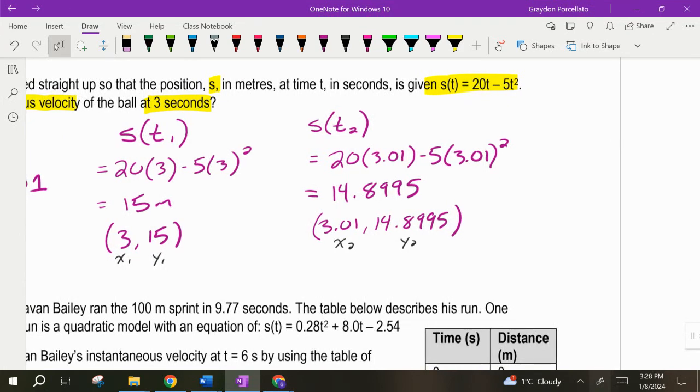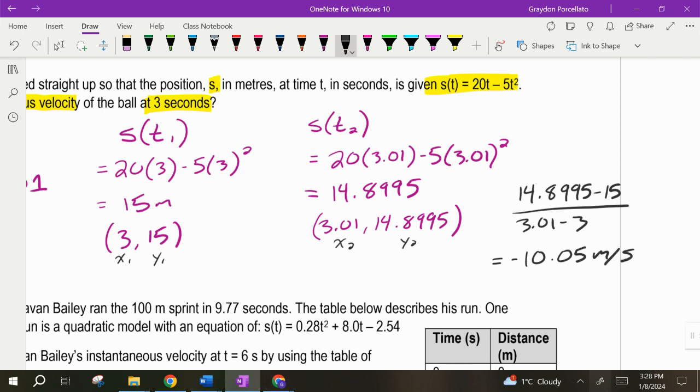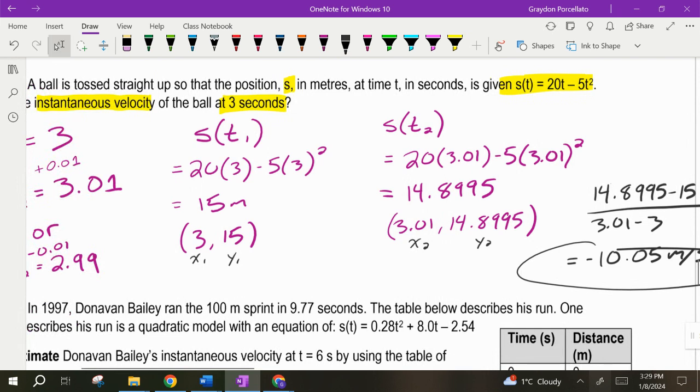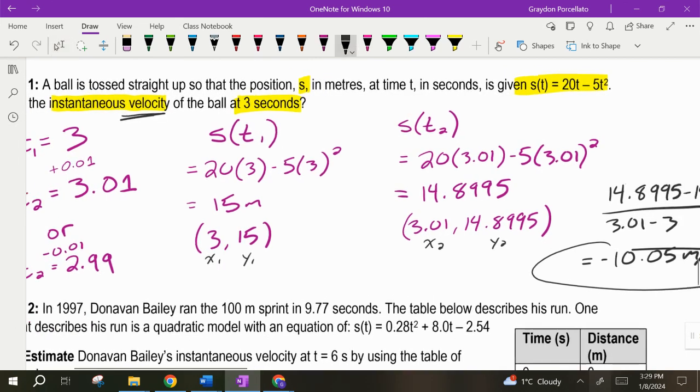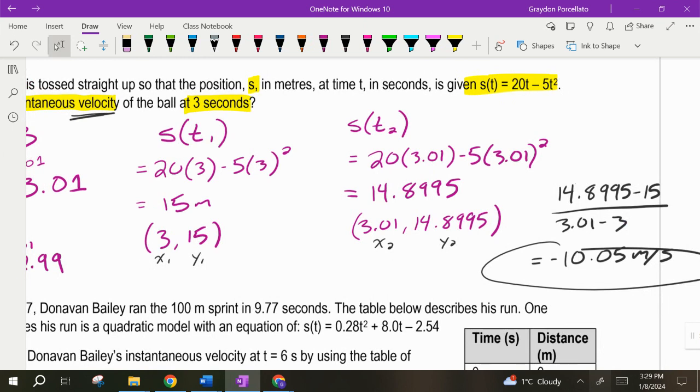So this is 14.8995 minus 15 over 3.01 minus 3, and that's equal to negative 10.05 meters per second. So my instantaneous rate of change at 3 seconds, or my instantaneous velocity, is negative 10.05 meters per second.